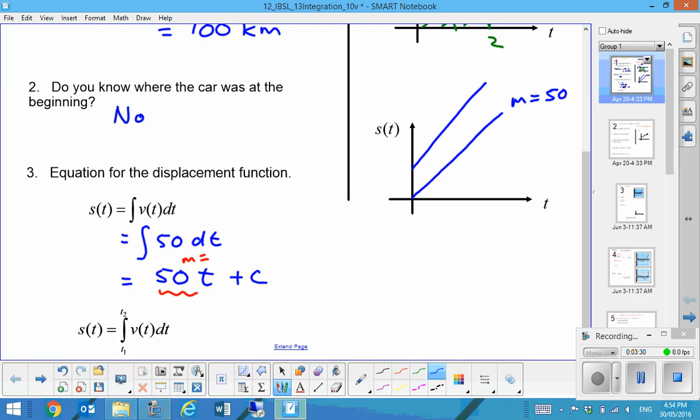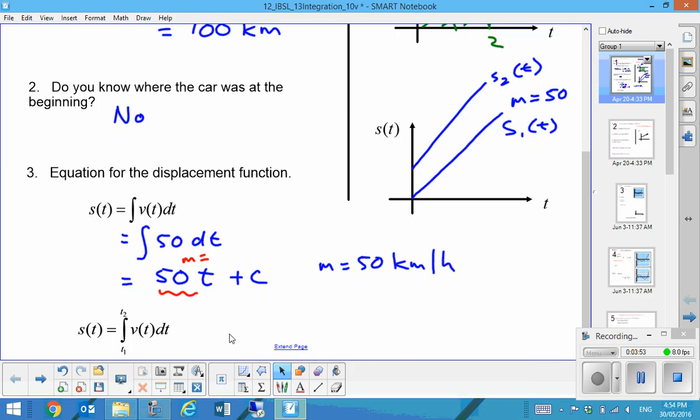That's another option for our displacement, because, as I said, we don't know where it started. It could be anywhere up and down that curve, but we know the gradient is 50 kilometres per hour, but we don't have any initial conditions.